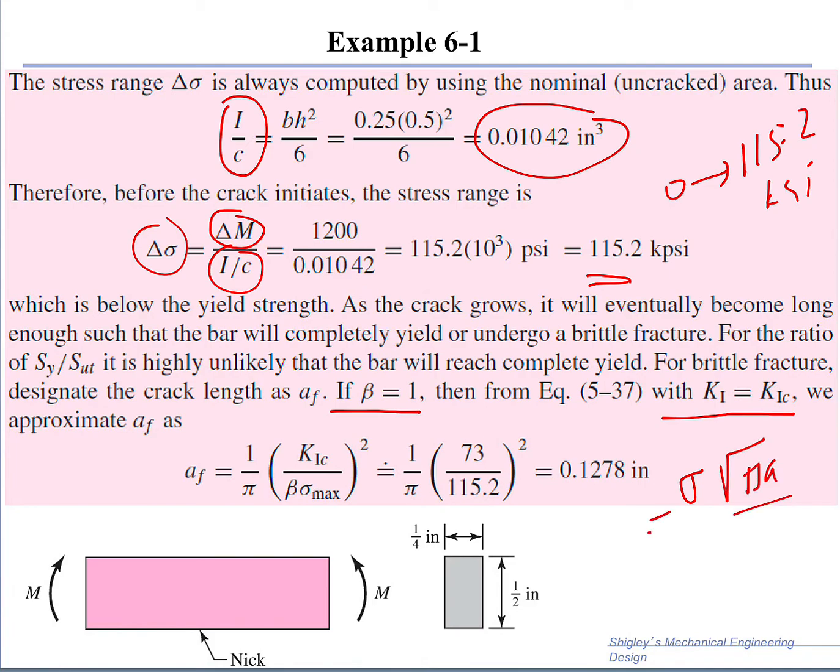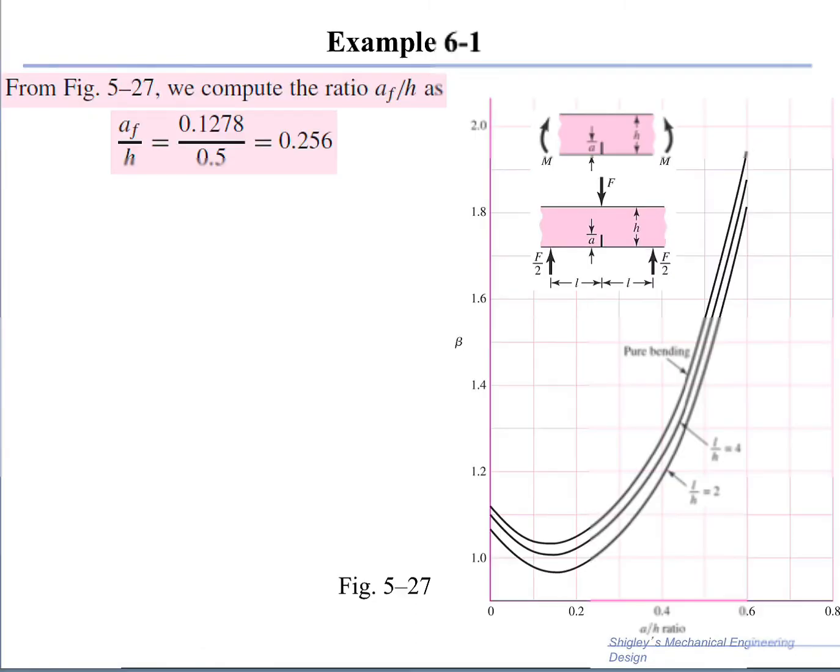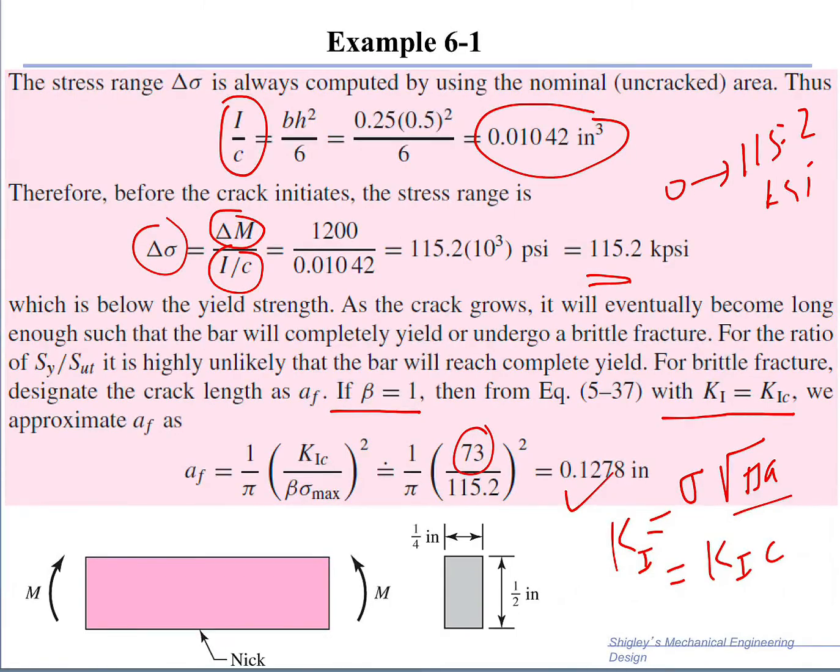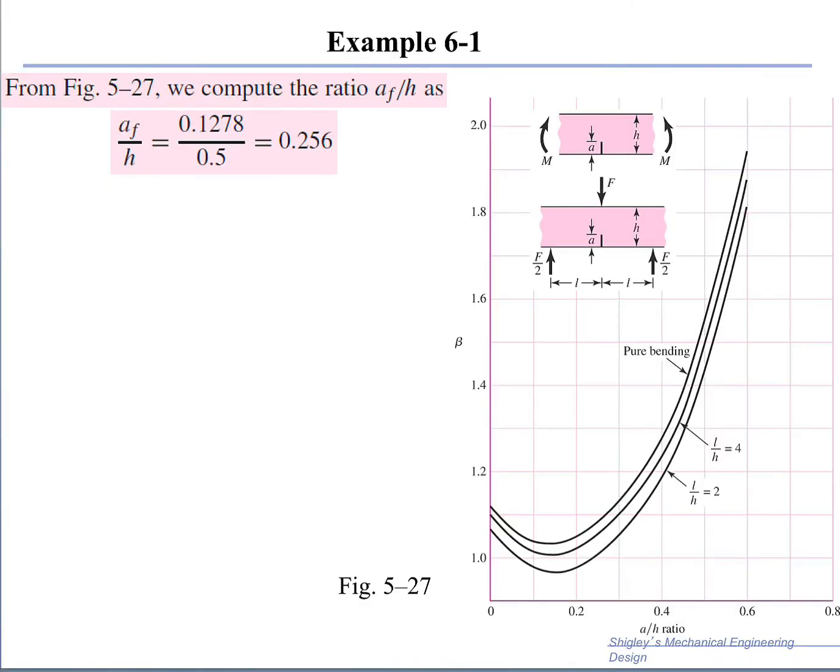When I equate it to K1C, which is given, I can solve for the final length of the crack to be 0.1278. Therefore the crack is going to propagate from 0.004 of an inch all the way up to 0.1278 inches, and I need to find in how many cycles.